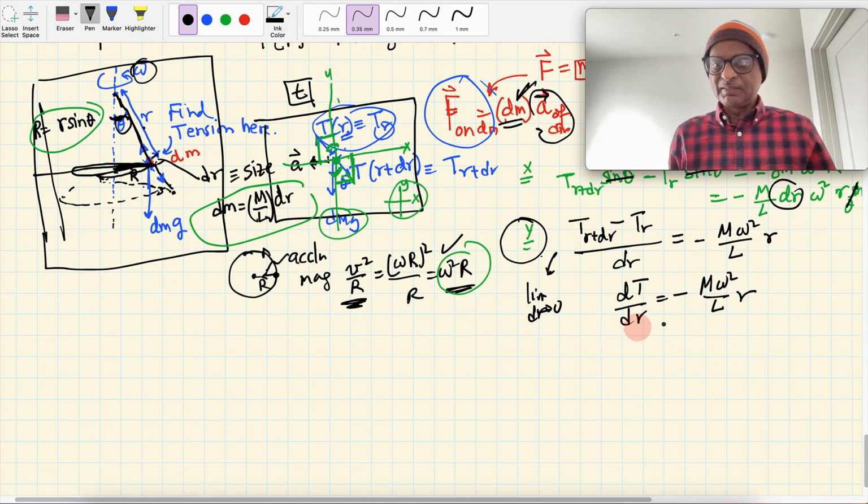Well, it is a differential equation, and we need to solve it, right? So here separation of variables will help. So let's separate the variables.